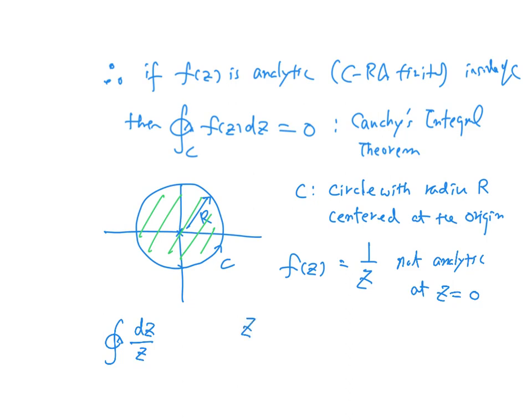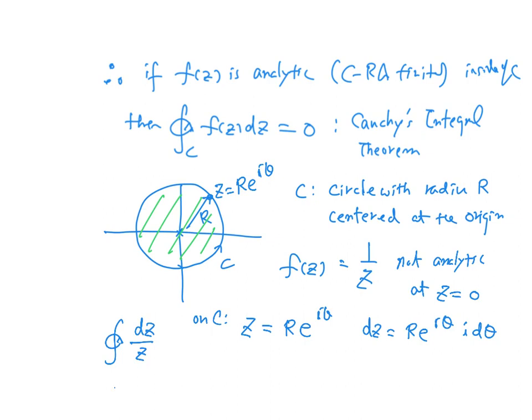So we can say on C, z is r exponential i theta, right? On this point, dz is r exponential i theta, i d theta.